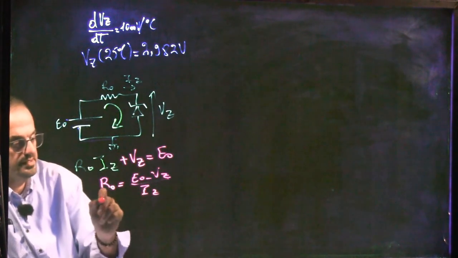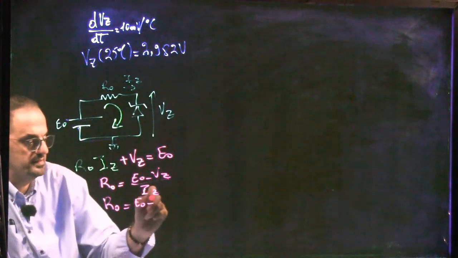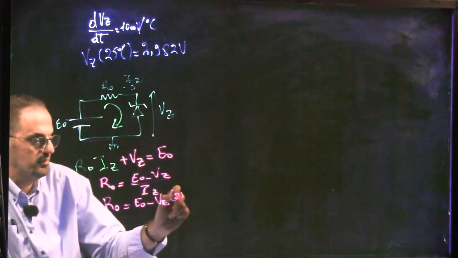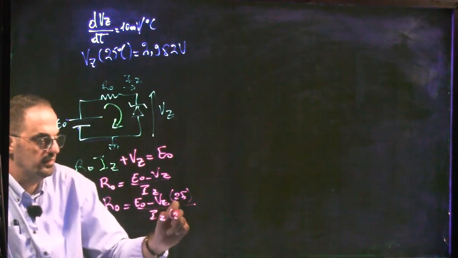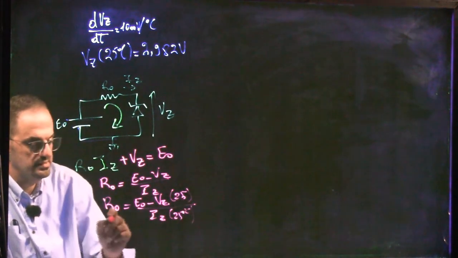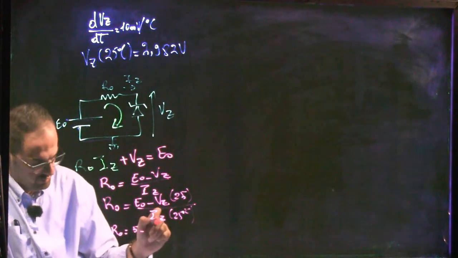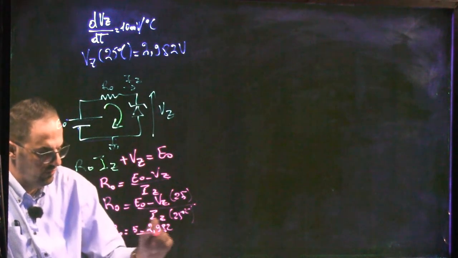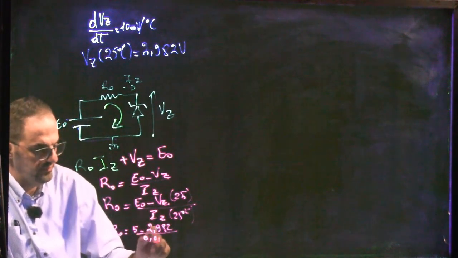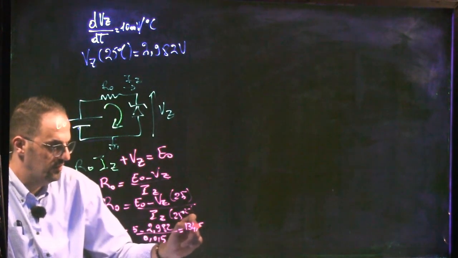If we apply this at a specific temperature, we will get E0 minus, for example, Vz at 25 degrees C, where we have all the information, over Iz at 25 degrees C, which means R0 is equal to 5 minus 2.982 over 0.015, which is equal to 134.5 ohms.